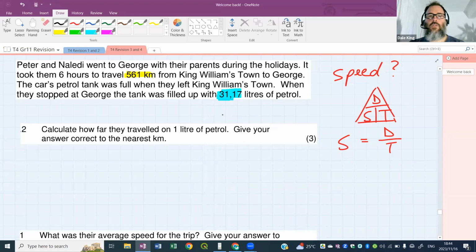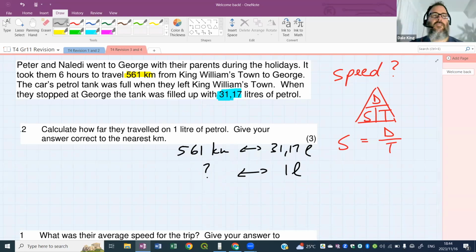So how far for 1 liter of petrol? You should all be trying this one. If 561 kilometers is done on 31.17 liters, how far will you travel on 1 liter?